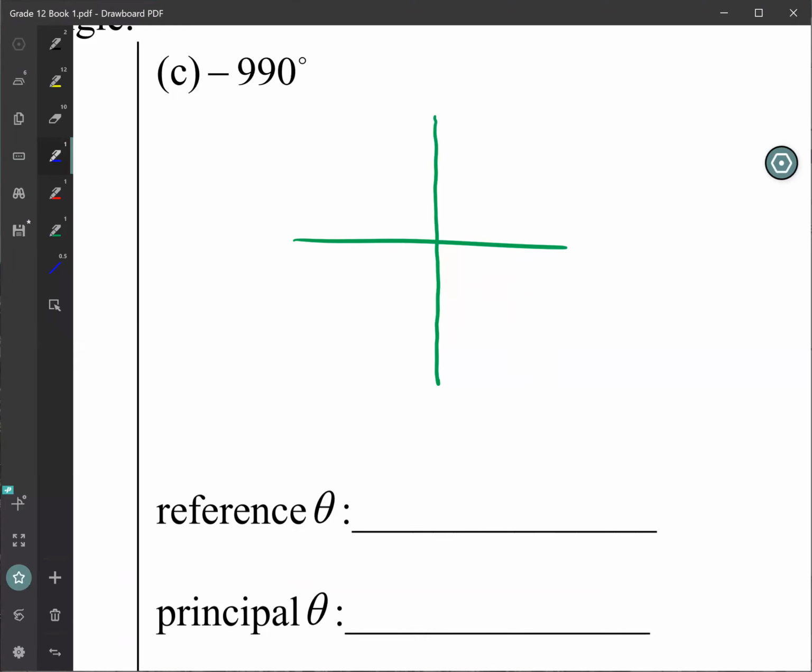Okay, Samantha, can you draw question C? Where is negative 990?